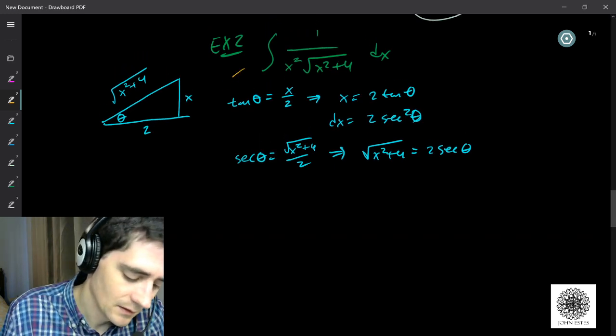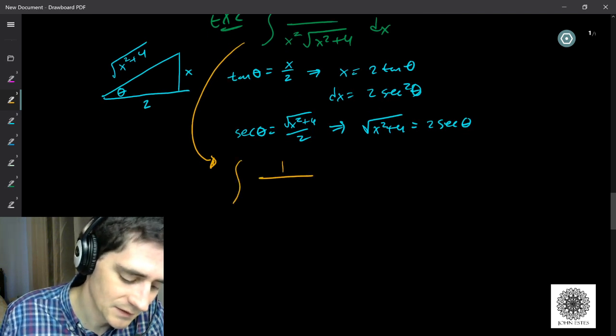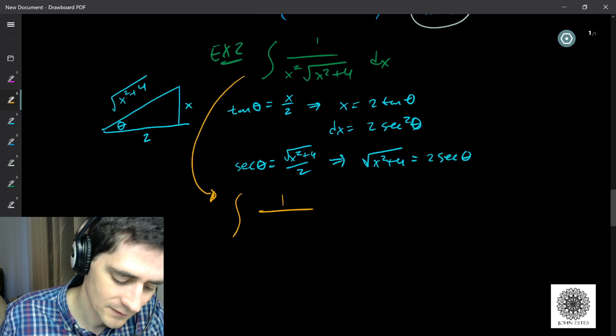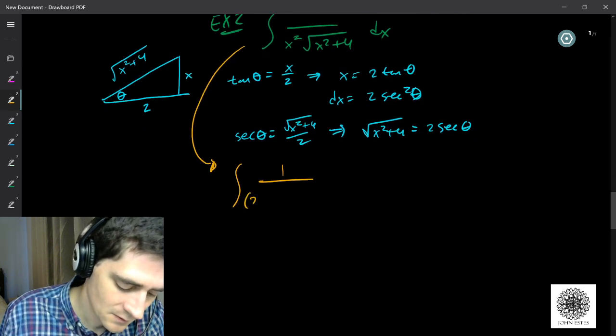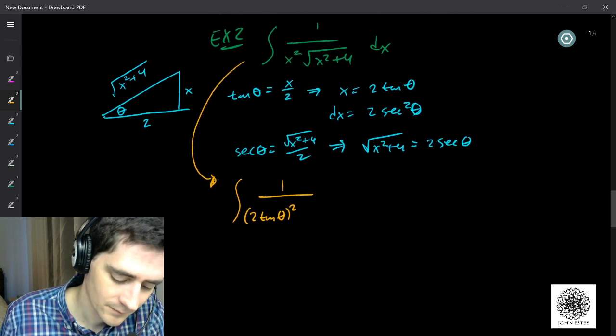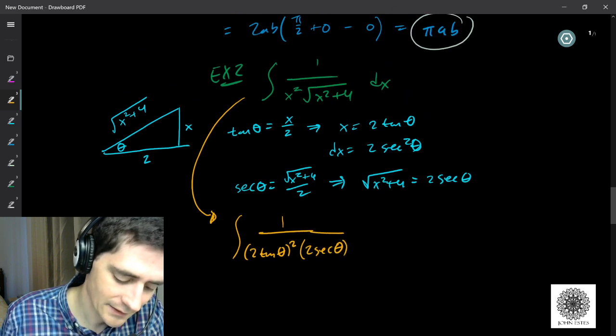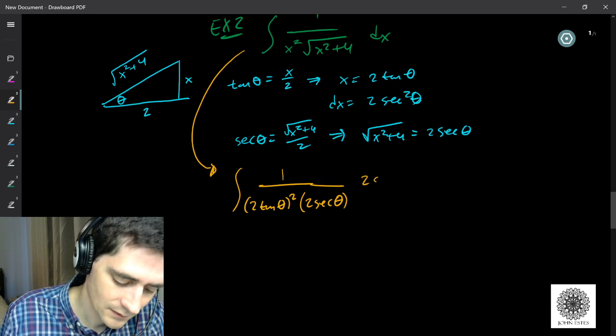All right, so here, then we can replace my integration now with, well, let's see, x is tangent. So I have 2 tangent theta quantity squared. The square root of x squared plus 4 was secant. So I have 2 secant theta. And then my dx is 2 secant squared theta d theta.